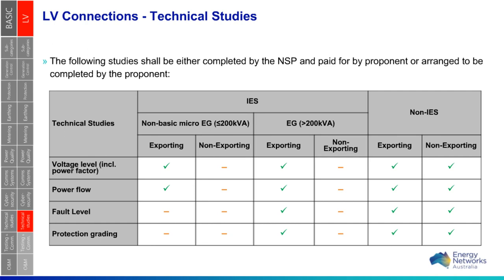So that should reflect all the subcategories we've talked about before. A tick is a required test, a dash is it may be required depending on the system or the network requirements, and a cross would be not required.